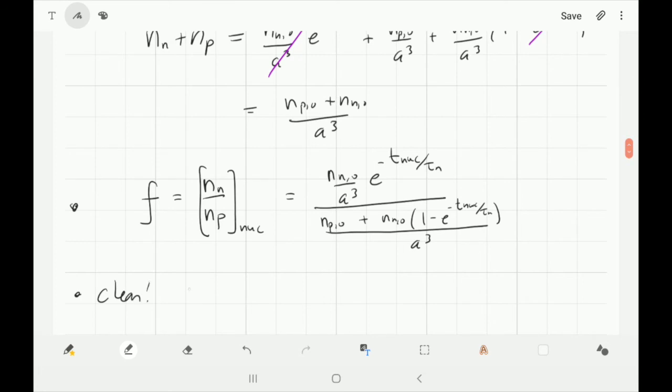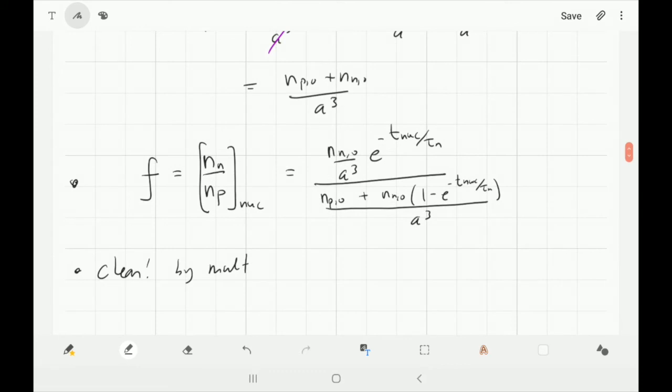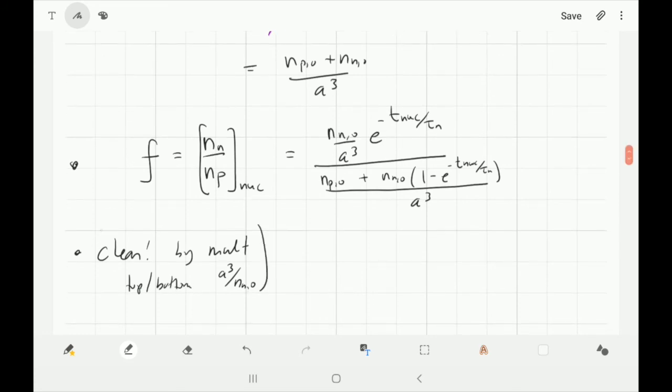Clean by multiplying top and bottom by a factor of a cubed divided by n naught. So in doing that, you will hopefully conclude that this looks like e to the minus t nuc over tau n. Again, I think by now you know this.